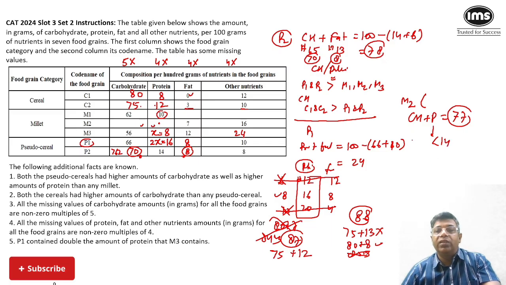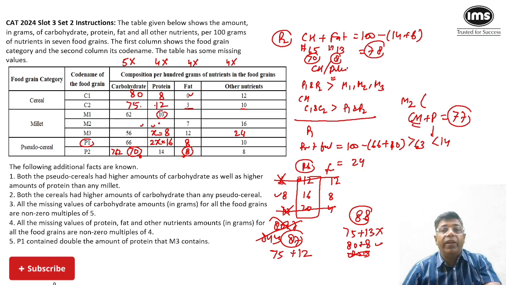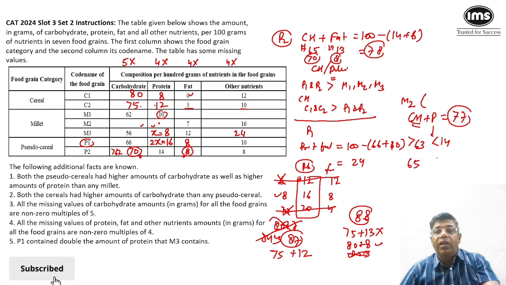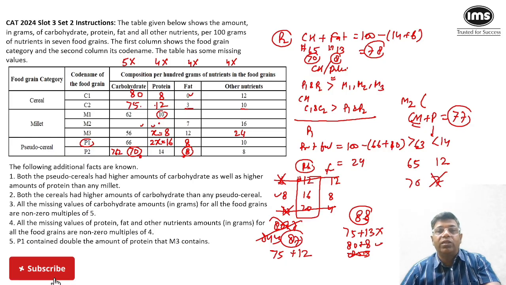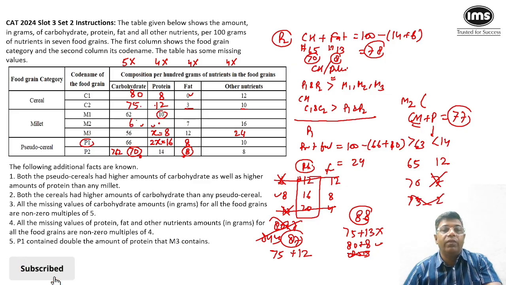In that case, this value has to be more than at least you can say 63. And this has to be also a multiple of 5. So maybe I can take 65 and 12. That makes sense. 70 and 7 not making sense because this has to be divisible by 4. And maybe 75 plus 2 also doesn't make sense. So this is 65 and 12.